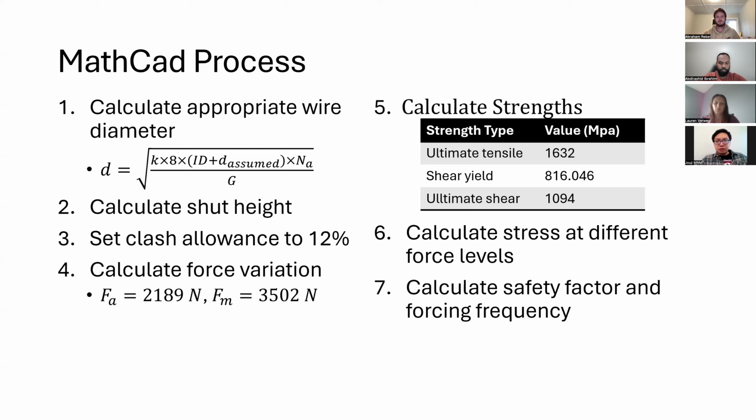We set the clash allowance to 12%. And then after that, we calculate force variation, which means the alternating and the mean force using the maximum and minimum force on the spring. And then we calculated the strengths using the values we found from the book. After that, we calculated the stress at different force levels. And then after that is to calculate the safety factor and the forcing frequency.